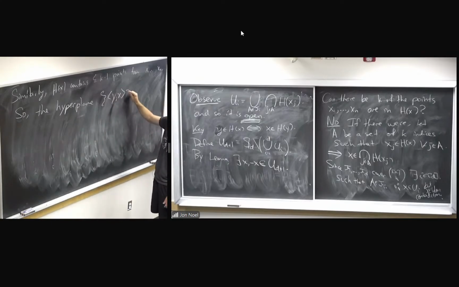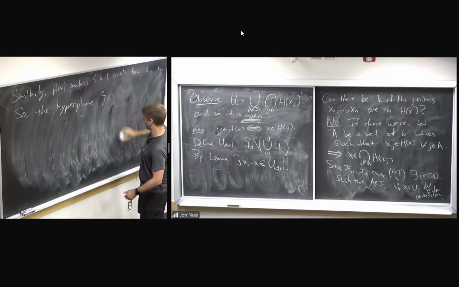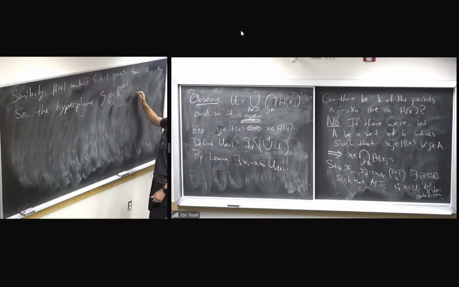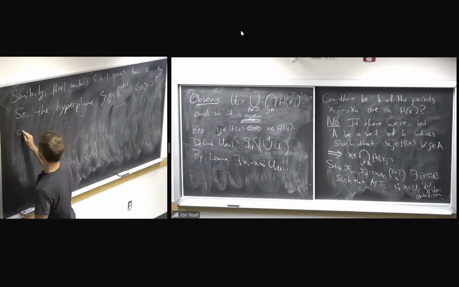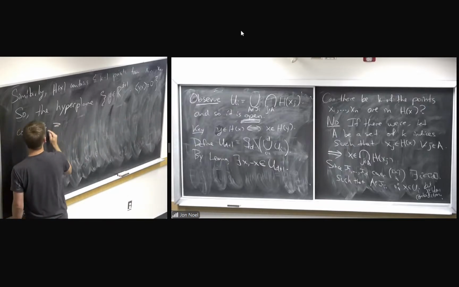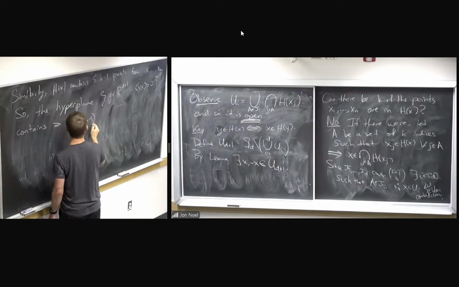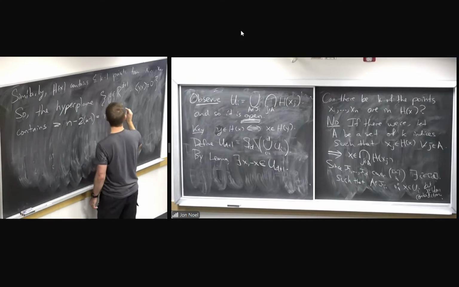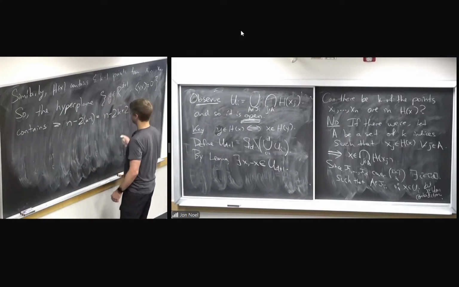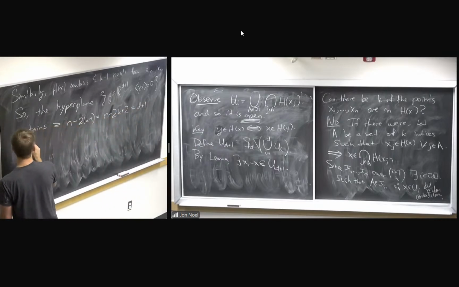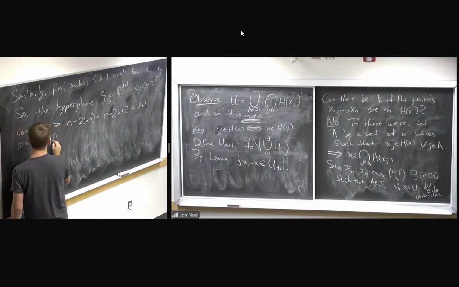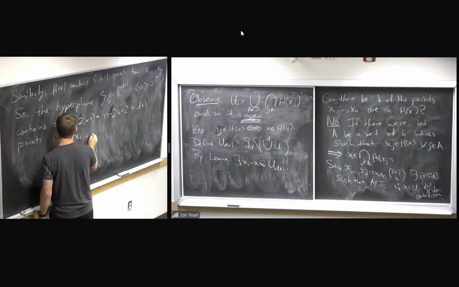So the set of all y in R^{d+1} such that y and x have 0 dot product contains at least n minus 2 times (k minus 1), which is n minus 2k plus 2, which is d plus 1 points from this set x1 up to xn.